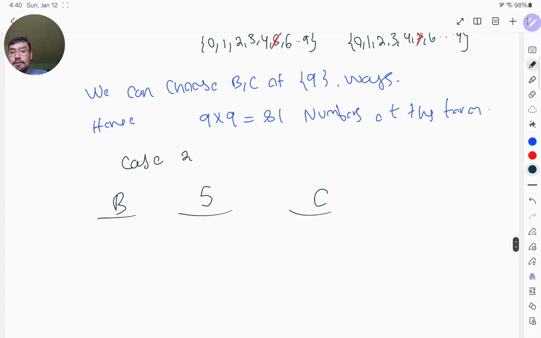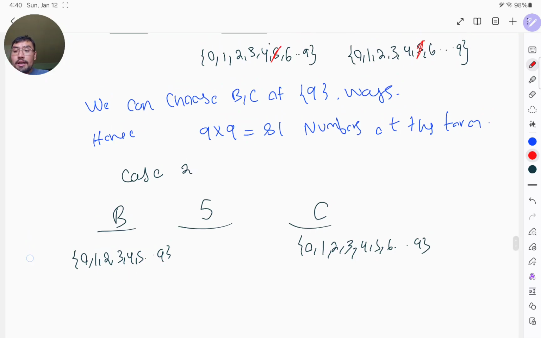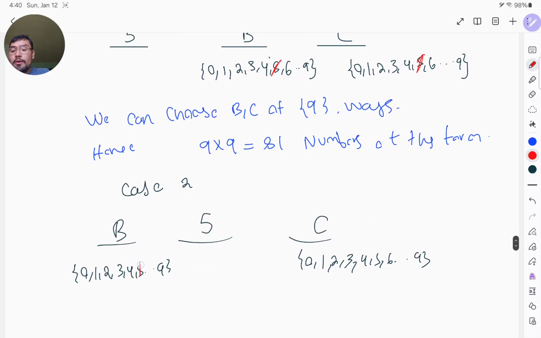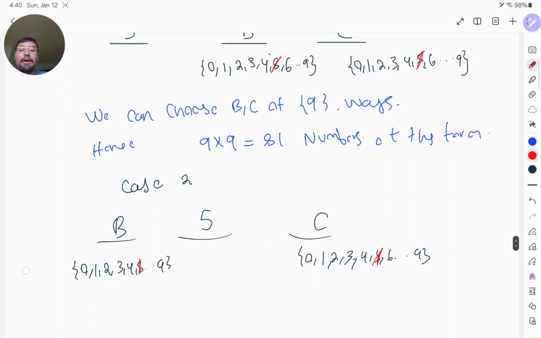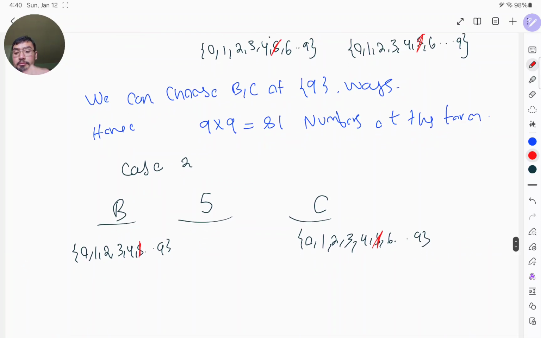Again, b can be a number between 0 and 9, and c too. But we are allowed exactly one digit equal to 5, so we cannot choose 5 again for b and c. But what if b is 0?